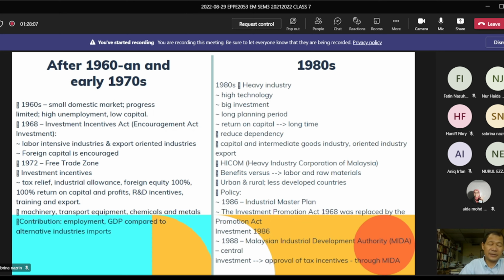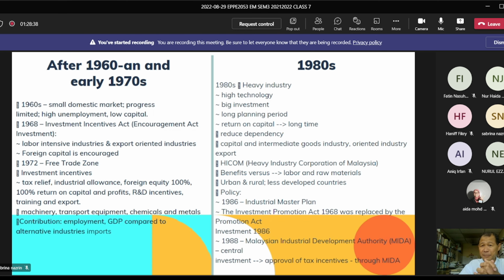Remember 1969, the dark day of May 13, 1969, in Malaysia. Because of that incident, 1971 began the Dasar Ekonomi Baru, New Economic Policy. With the New Economic Policy, everything must be 30%, 30%, 30%.